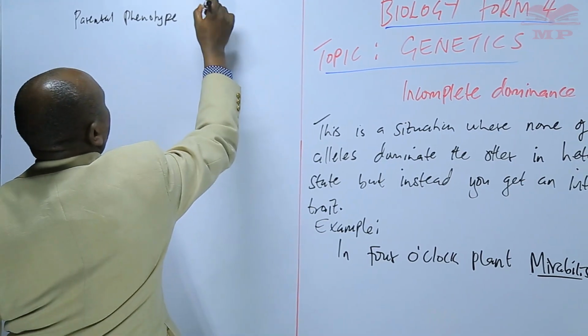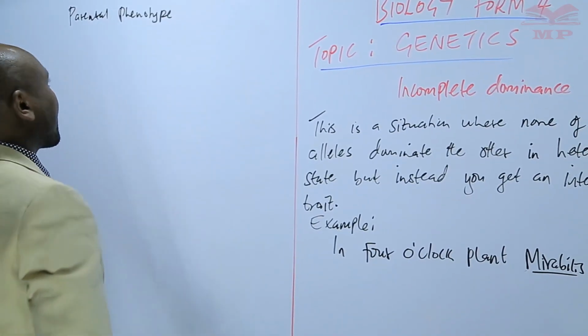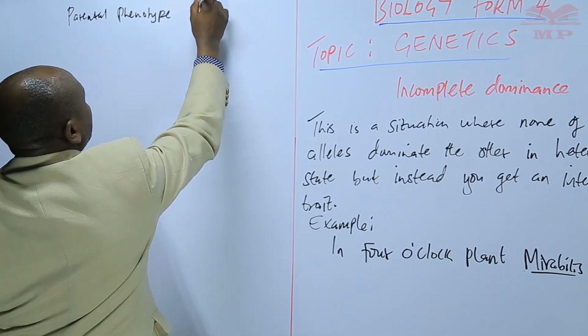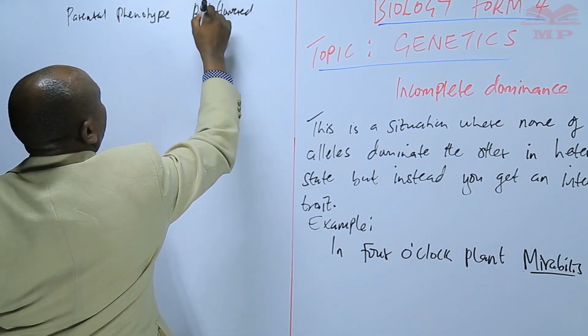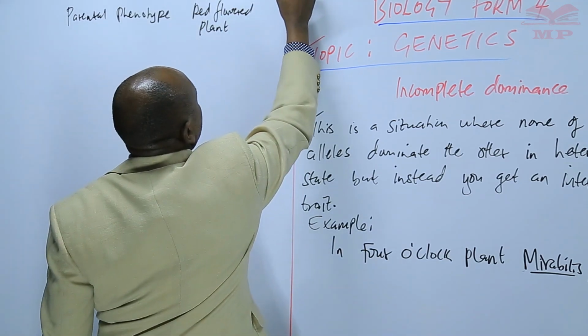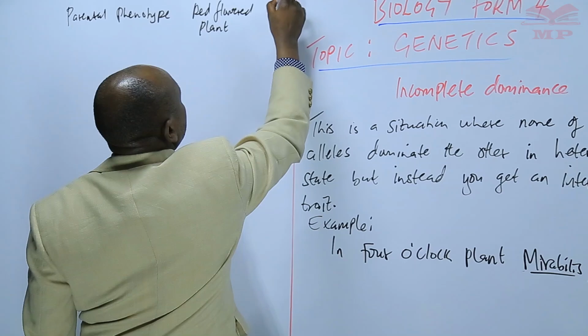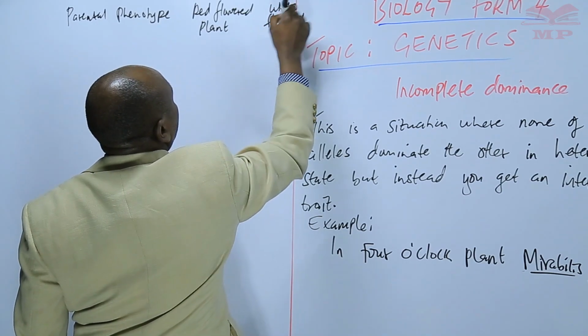Let's say the male, the one that contributes the pollen grains, is the red flowered plant, and the one that contributes the ovules is the white flowered plant.